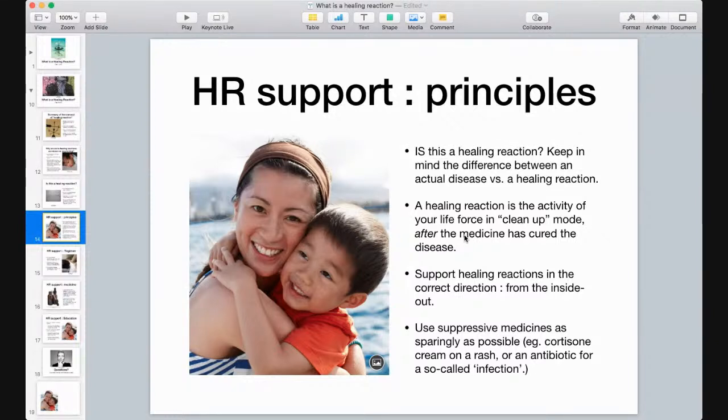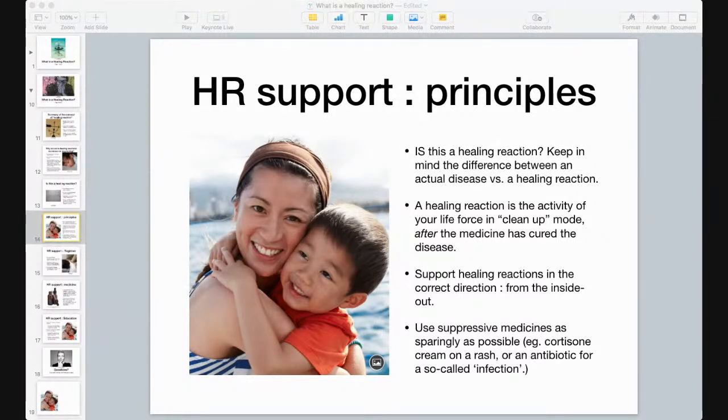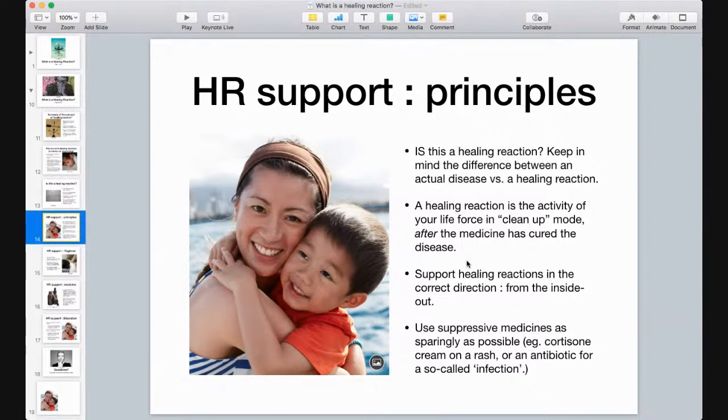The other general principle you want to follow is to support your healing reaction in the correct direction. Again, being an inside-out phenomenon, you want to follow that direction. So, as I say here on the slide, you want to use suppressive medicine as sparingly as possible. People's inclinations are to run to the doctor and get cortisone cream for a skin rash or an antibiotic for a so-called infection. Well, these things are not a disease, not an actual infection.